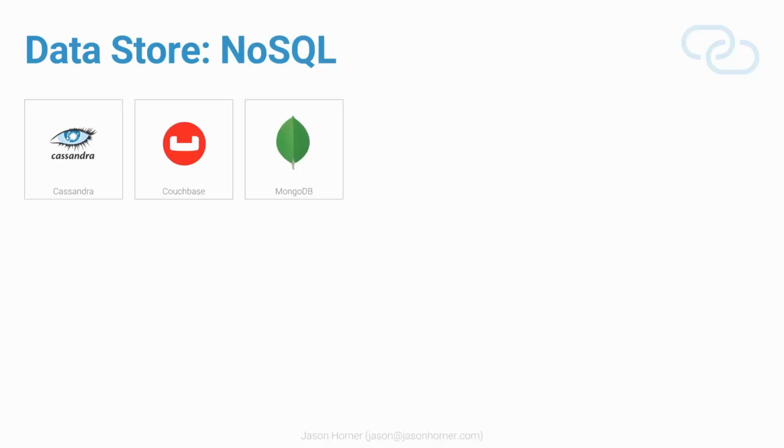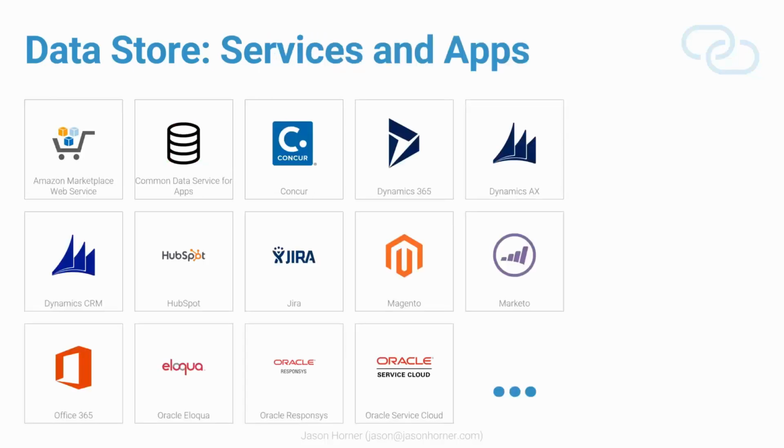So they're always adding new things. And then our NoSQL databases, MongoDB, Cassandra. You can also use Cosmos from the Azure side. And a lot of software as a service: Concur, Jira, Marketo, the different Oracle cloud service offerings, Dynamics 365. So if you want to pull data out of Office 365 or Dynamics, you can do that.